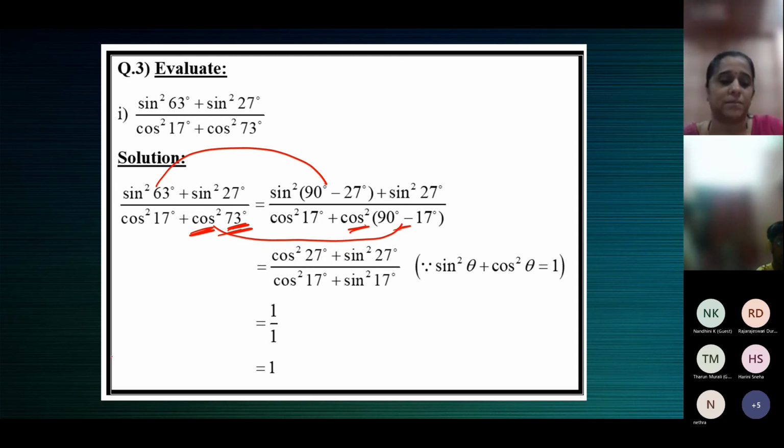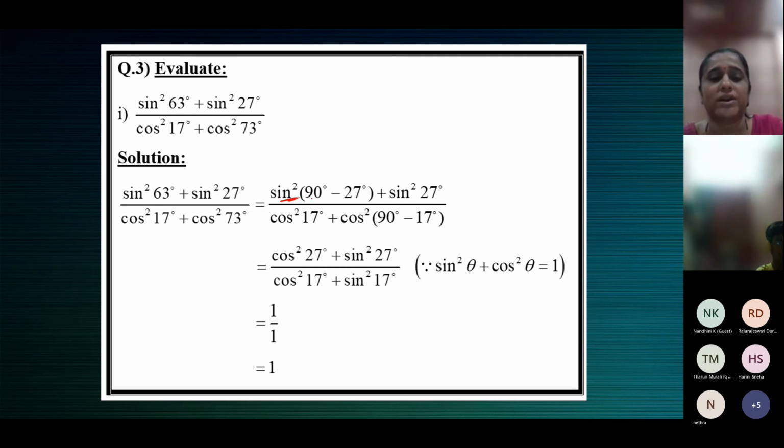90 minus 17. Now after this, this is like sine square 90 minus theta. What is sine square 90 minus theta? Cos square theta. So in the next step, cos square 27. This is another way of presenting the usage of complementary ratios.